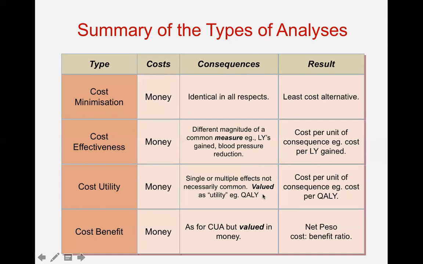However, the consequences are given value or weights are placed on them through the use of utility. So you're looking at your QALYs and DALYs when you're talking about cost utility analysis. And then cost benefit, as I just mentioned, everything is valued in money, in monetary aspects.